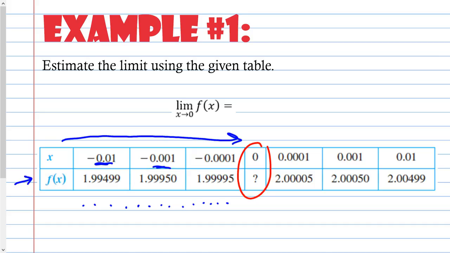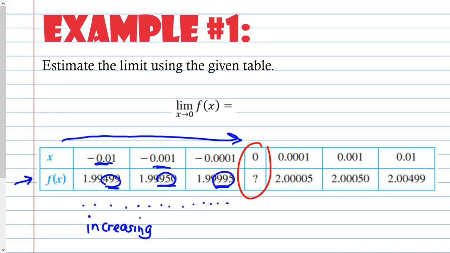It might seem like they all look the same. Well, if you look at the last three, they do make a difference. 499, 950, 995. They're increasing. I didn't deal with the first three numbers because they're all the same, 1.99. So it's increasing. I'm not saying it's increasing a whole bunch, but it's increasing.